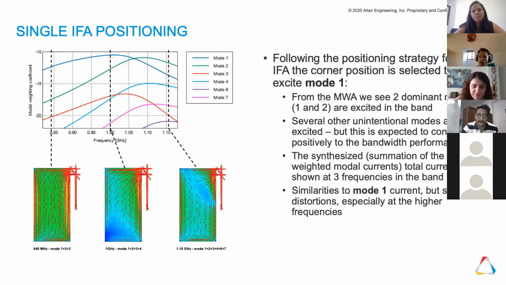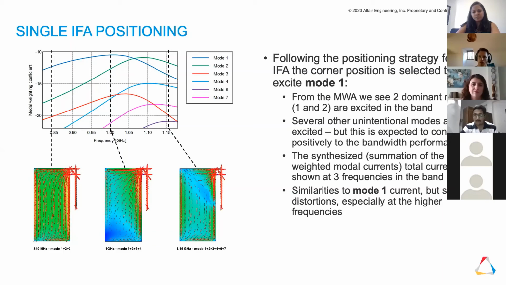Yes, so the macro that I used for this has two different modes. This one is called the synthesis mode, where it basically just uses the modal weighting coefficient when it sums the currents. The other mode is more of a design mode, and there you could actually use different weighting if you want to tweak the weighting, basically.